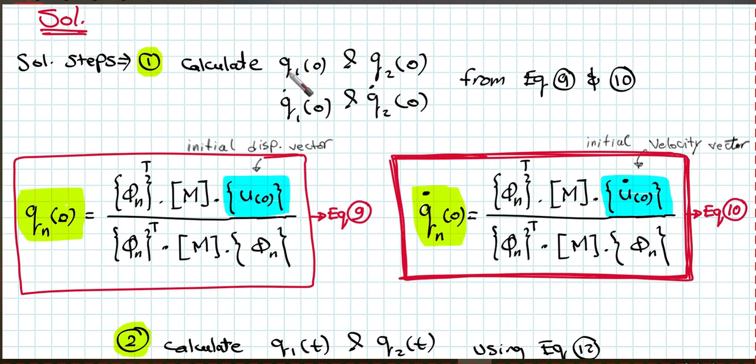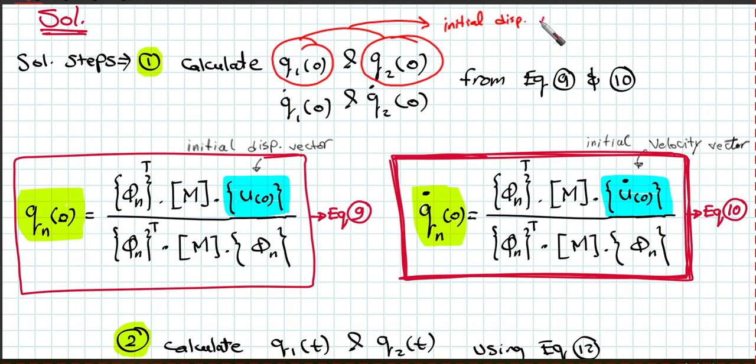First of all, we need to calculate Q1 node and Q2 node, which, as we said before, are the contribution of the initial displacement vector.